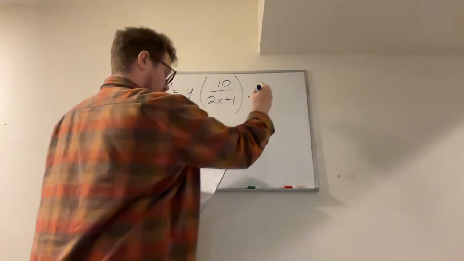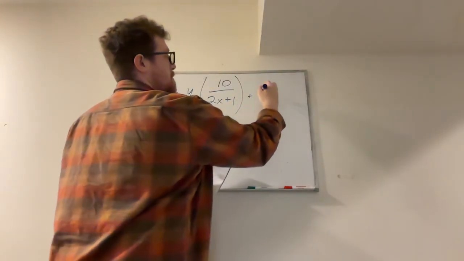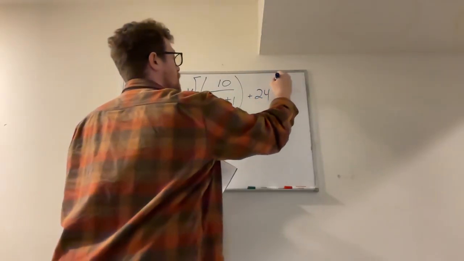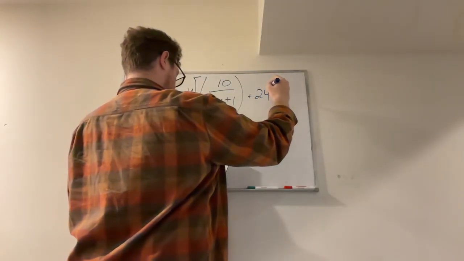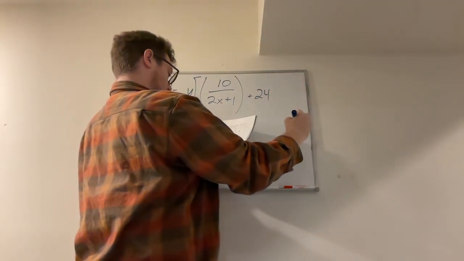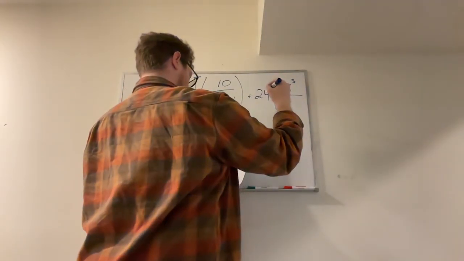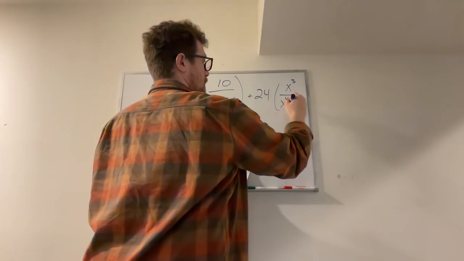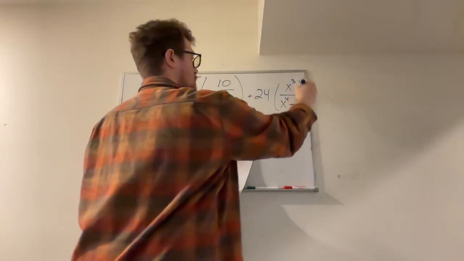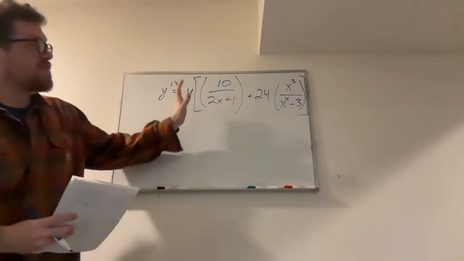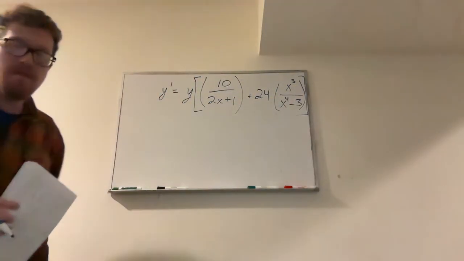And then plus 6 times 4 is 24x cubed over x to the 4th minus 3. Then we have a bracket around the whole thing. So y is times everything.